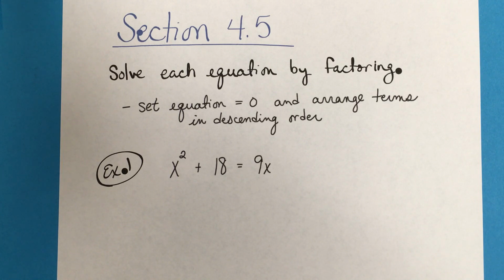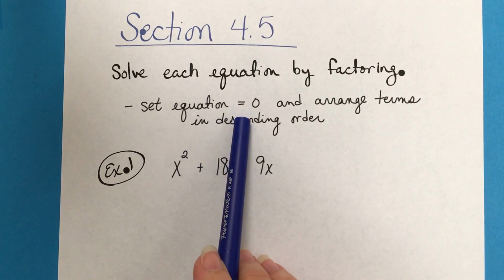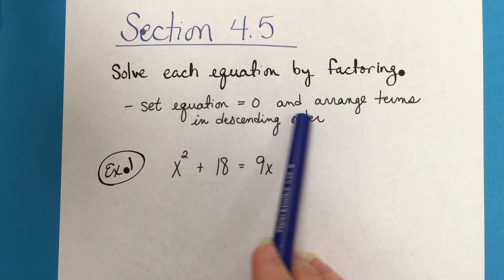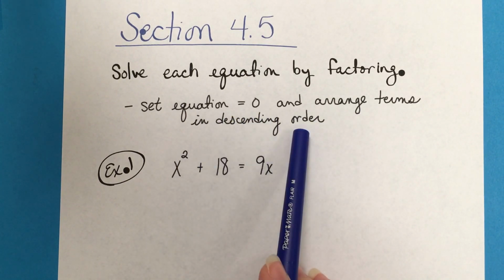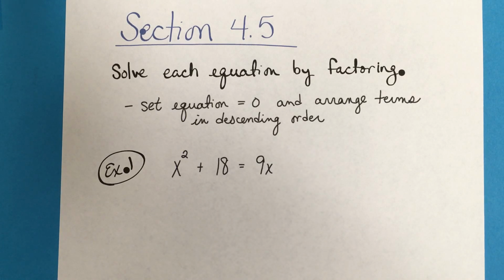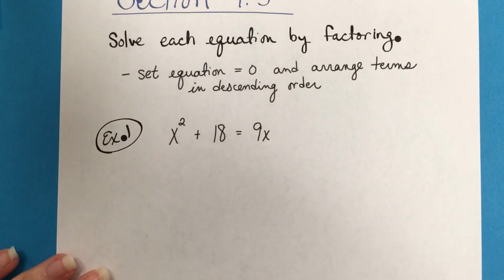All right, so an important note here that I've given you says that your equation needs to be set equal to 0, and you need to arrange your terms in descending order. Of course, that means from your largest exponent down. So it'd be the second power, your first power, and then last would be your constant. So that's what I've got to do to this first example, is basically rearrange my terms a little bit here.